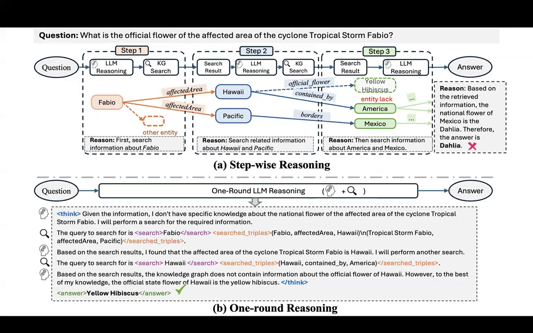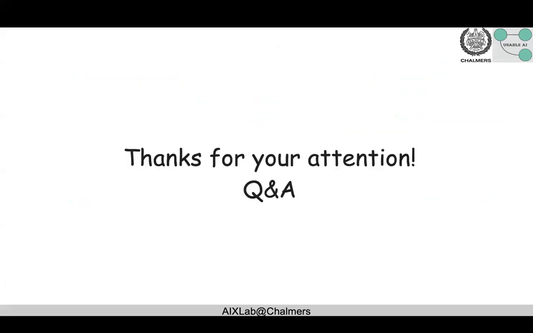Even DeepSeek and the existing large reasoning models always use reinforcement learning to make the LLM learn the reasoning process. So here I also use such a training technique to enhance our performance. So that's all.